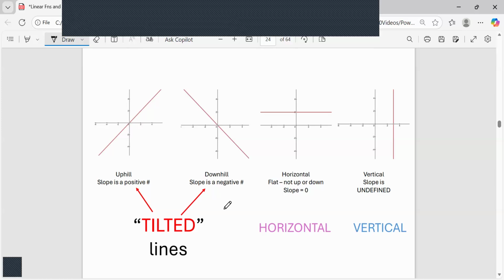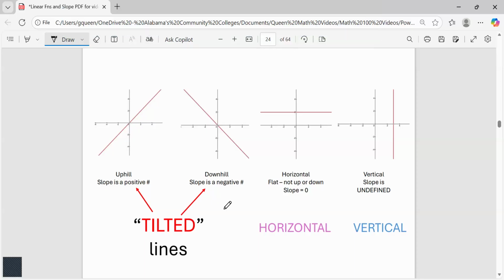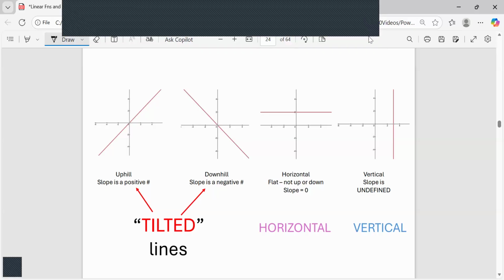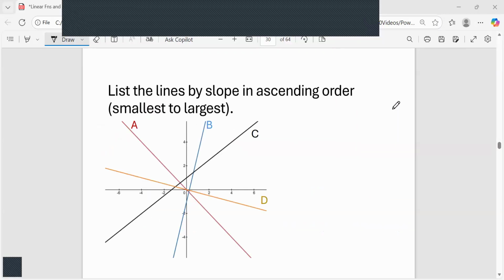Okay, so let's think about, let's see. I'm gonna find a nice graphical example for us to do here. Okay, here we go. Here's the example I want to do. This is completely visual from the graphs. Now, I know you look at this and your eyes may go crazy.